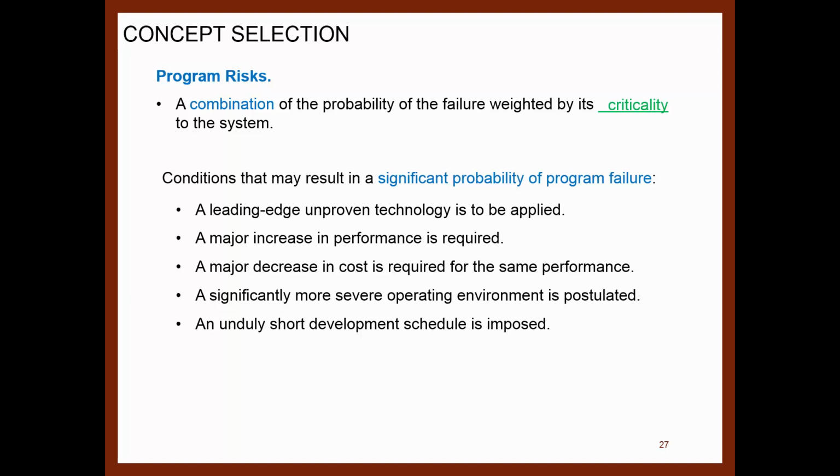A major increase in performance is required, like you want to go from a throughput of 10 parts an hour to a throughput of 100 parts an hour in a manufacturing line. So that might have a risk that would result in a significant probability of program failure.